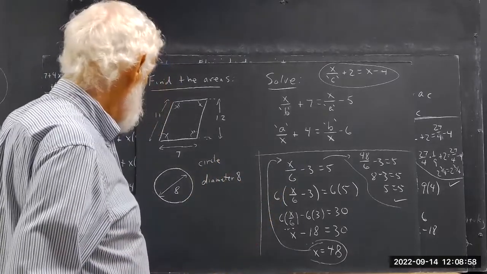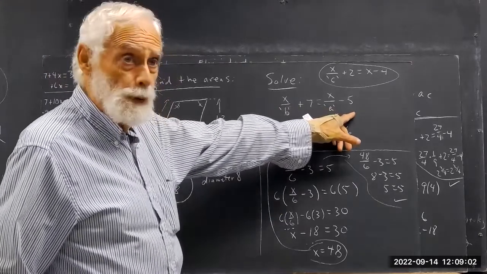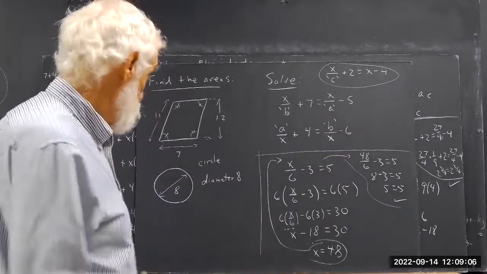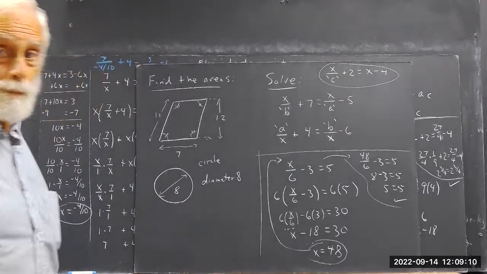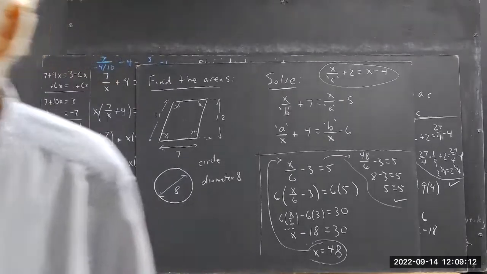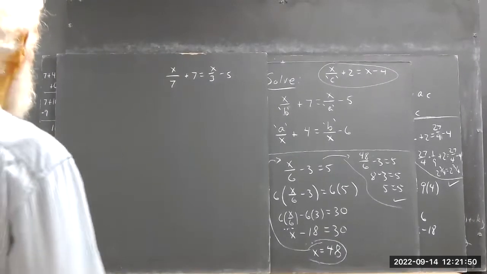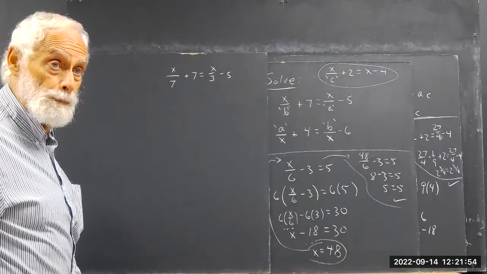Now let's see what happens here. Write out this equation with your numbers. See if you can figure out what to do. Figure out at least the first step. What's our principle? We multiply by denominators, right?